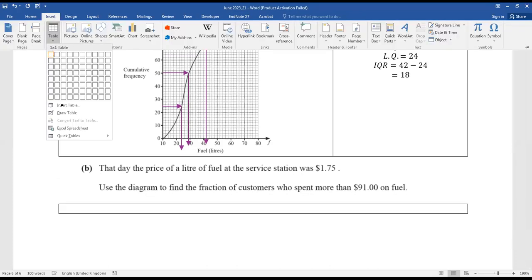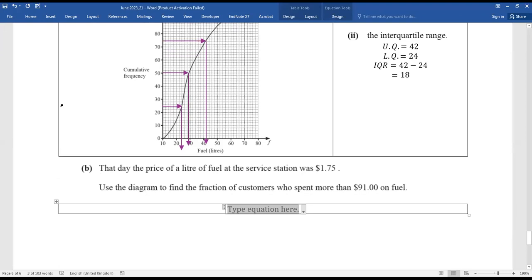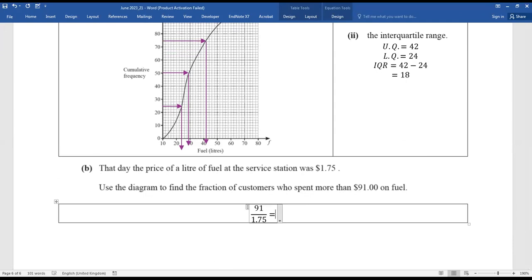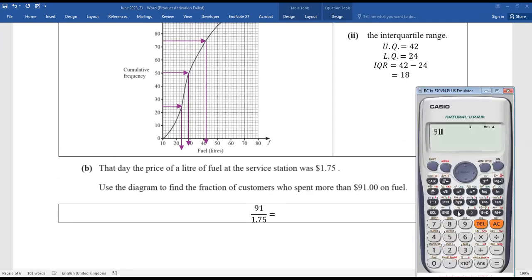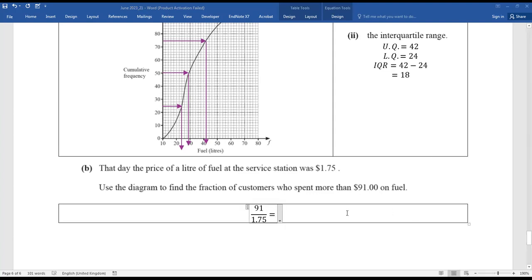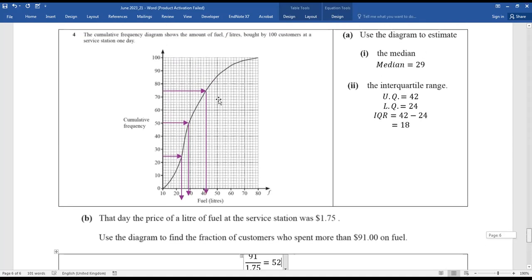So how can we find the liters that were more than 91? $91 divided by 1.75 will give me the quantity of fuel, that is 91 divided by 1.75. That will give me 52 liters of fuel. So how many customers bought more than 52 liters of fuel?